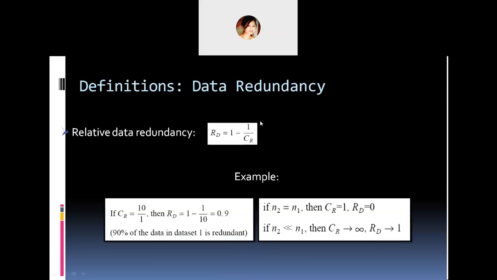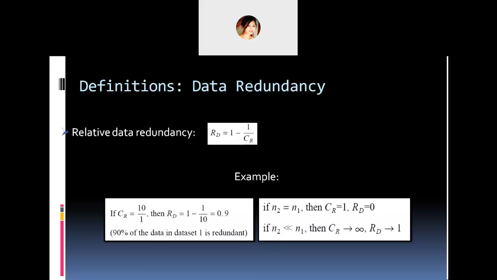Then we have data redundancy. What do you understand by the term redundant? To control repetition. Okay, to control repetition.